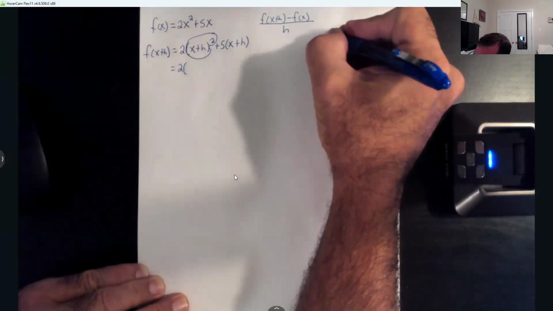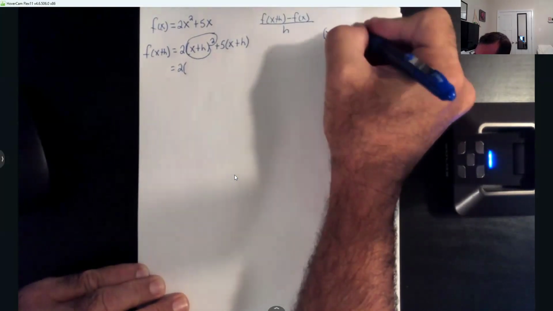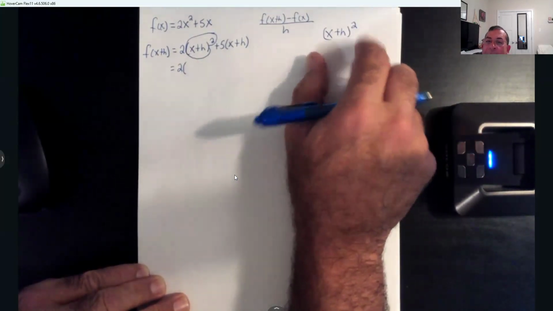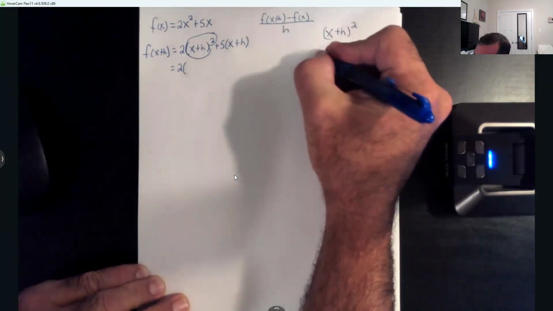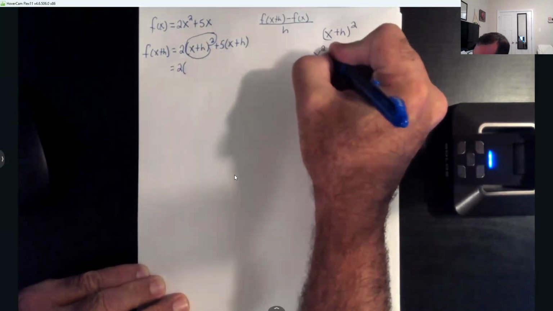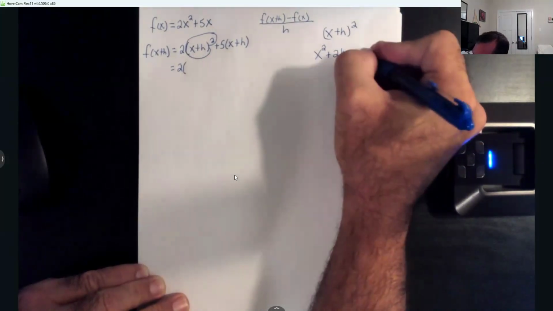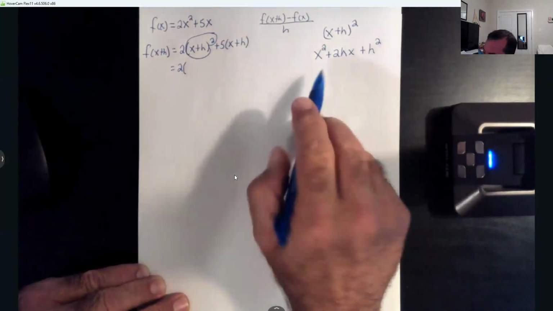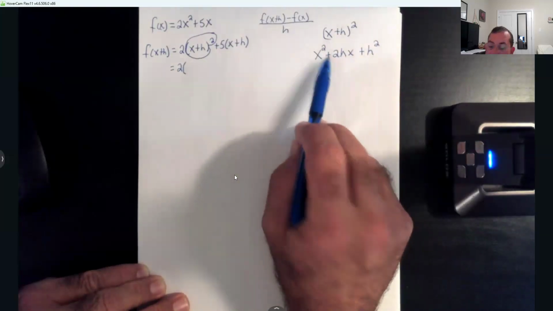On the side, I won't FOIL this all out. We had these written down at one time. But anytime you get an x plus h squared, that's going to give you an x squared plus 2hx plus h squared. So when you got that, you're going to replace it with this.